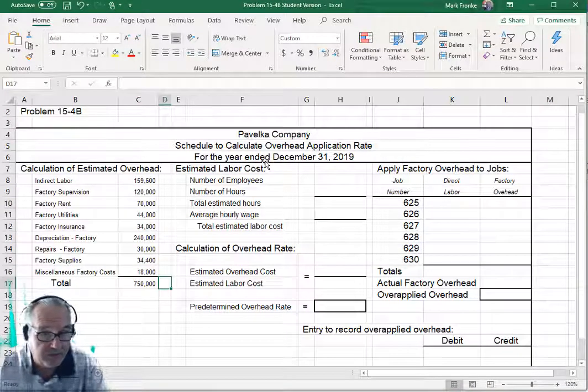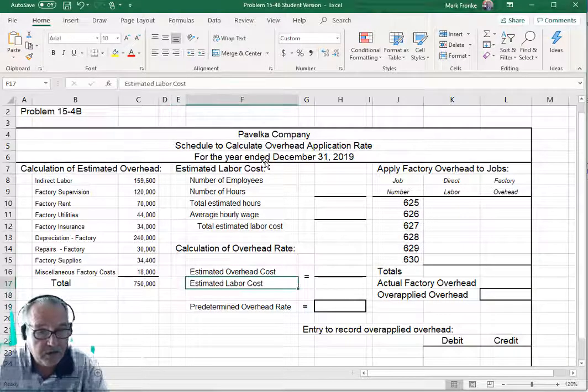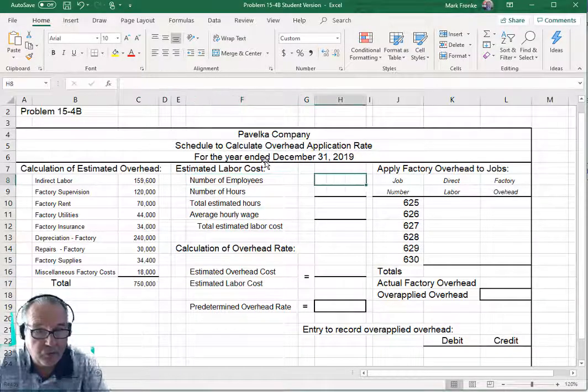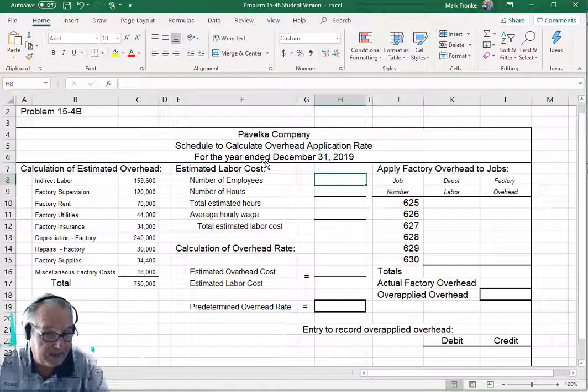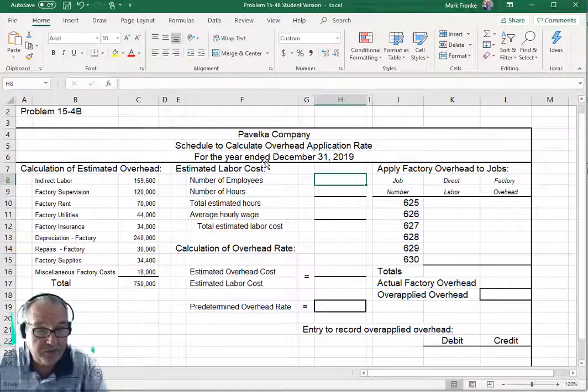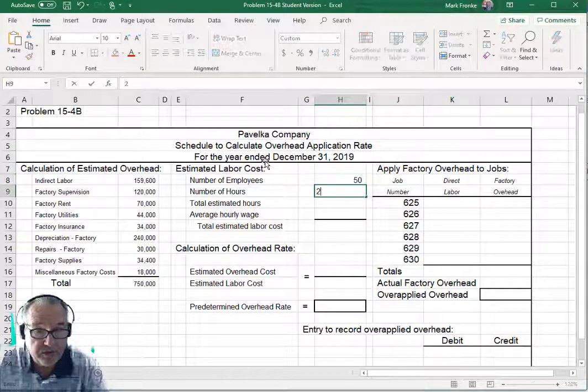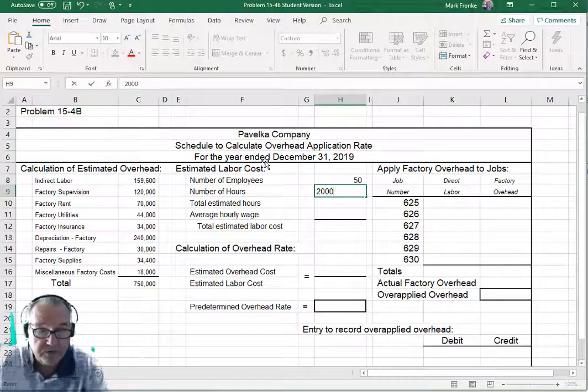This is an estimate. We're doing this at the beginning of the year based on what we estimate to be our factory overhead costs. They will likely not be exactly what that is, but again, it's an estimate. And we are also going to estimate the labor cost for the whole year with 50 employees that are going to work 2,000 hours.